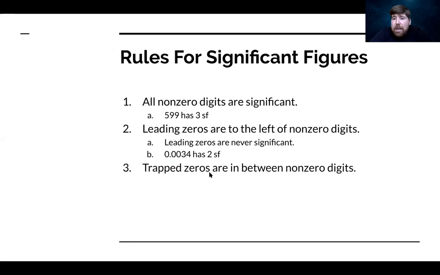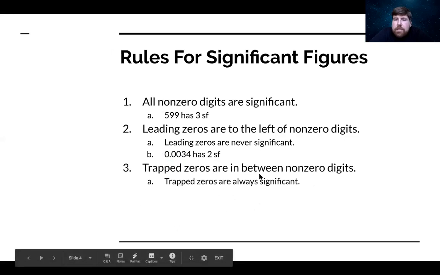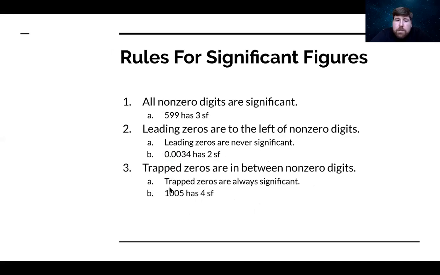The second type of zero that we're going to be looking at are trapped zeros. Trapped zeros are essentially trapped by non-zero digits. Trapped zeros are always significant, and that makes them different from leading zeros. An example would be 1005, and all four of these digits are significant.